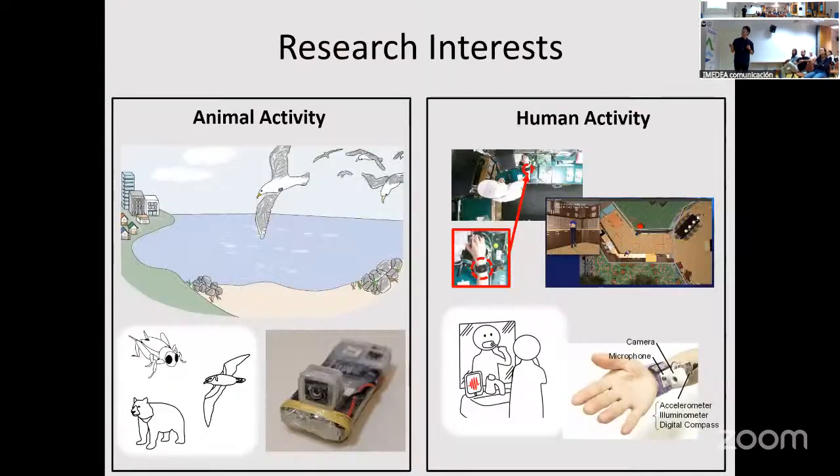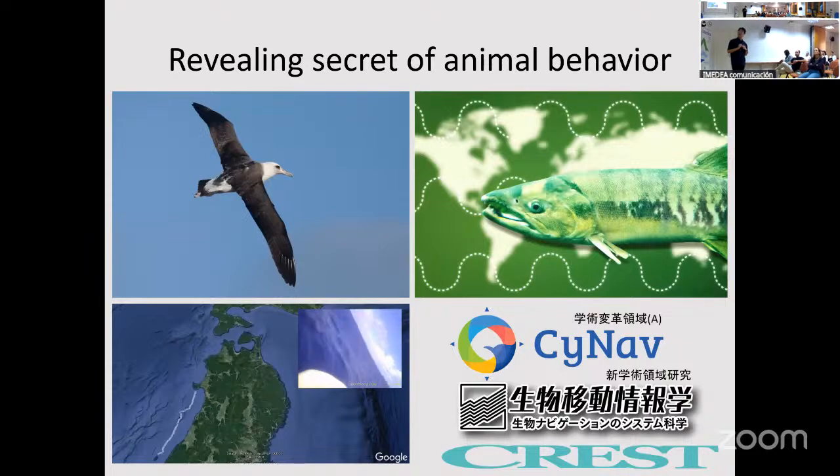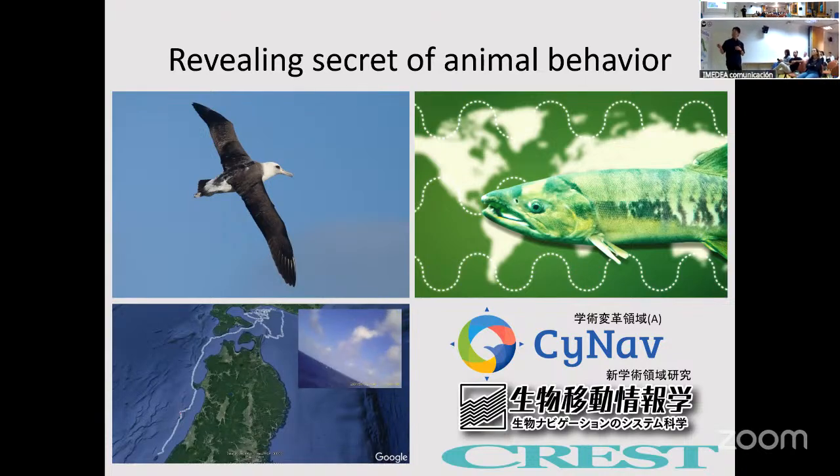Okay, next I'd like to introduce my animal study. I have a research project with biology and neuroscience people, and the purpose is to reveal the secrets of animal behavior.